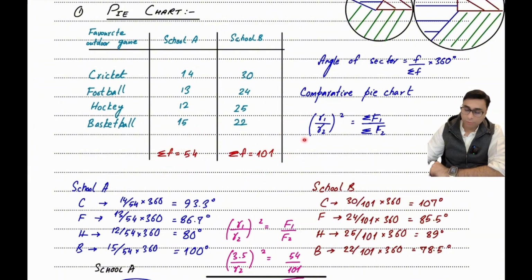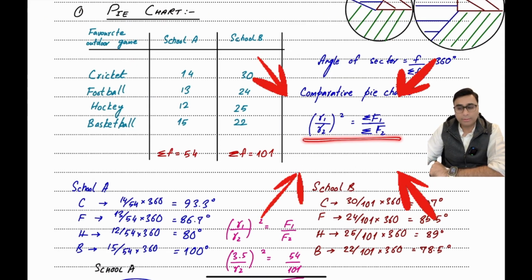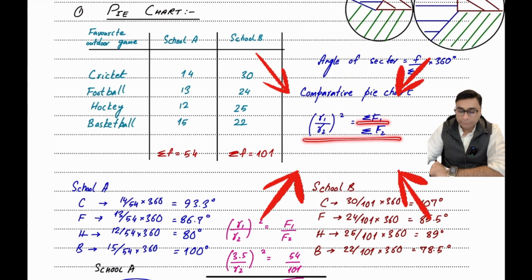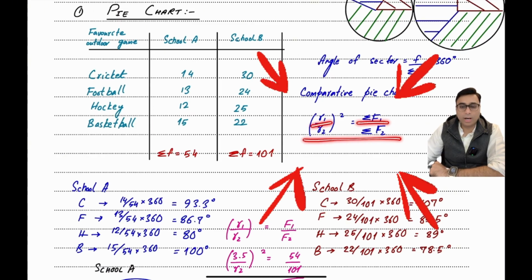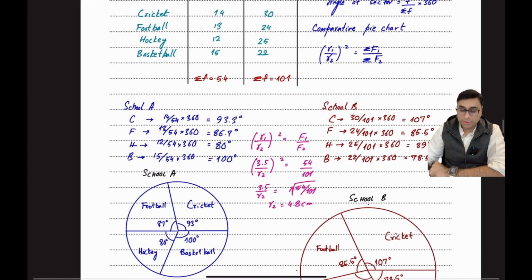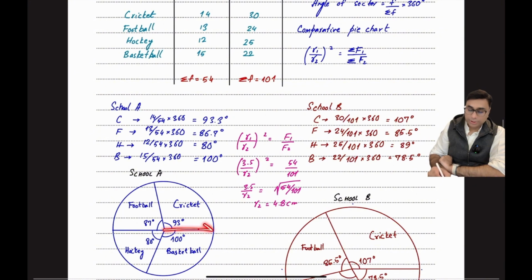So this is a formula that compares the total frequency with the corresponding radii. The cumulative frequency is directly proportional to the square of the radius. So if you have chosen a particular radius for one cumulative frequency, you'll put that frequency and that corresponding radius in its place.